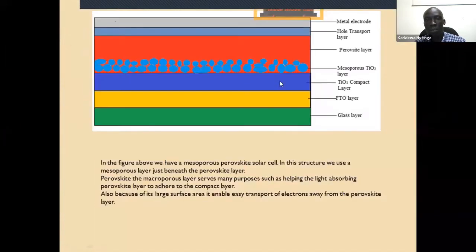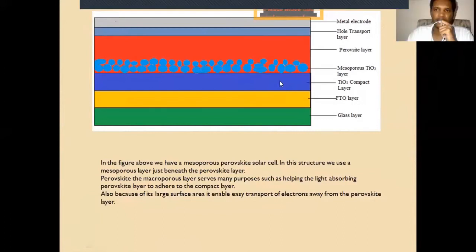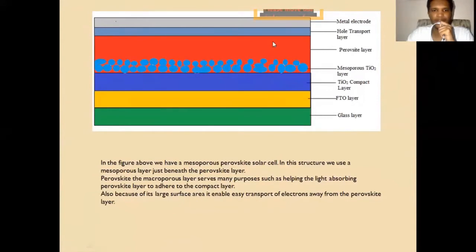In this perovskite structure, we have the perovskite layer as the absorber layer, the mesoporous layer and the TiO2 compact layer and the FTO layer where electrons are transported out, and the hole transport layer and the metal electrode layer where the holes are transported out. If the holes and electrons are not transported out fast enough, they recombine, and the energy that could have been extracted from the light is lost through recombination losses.